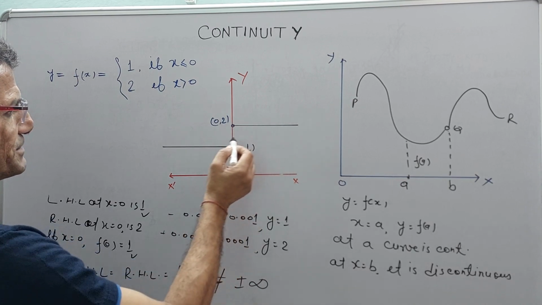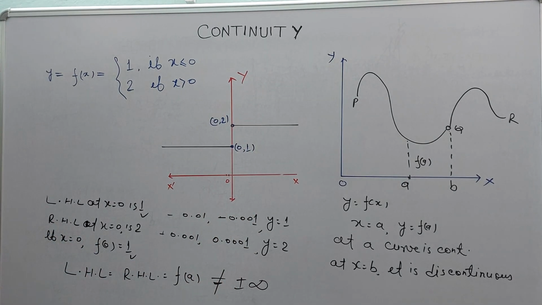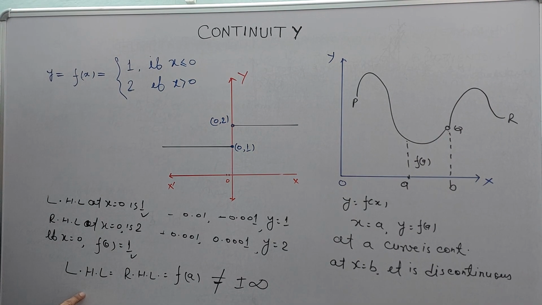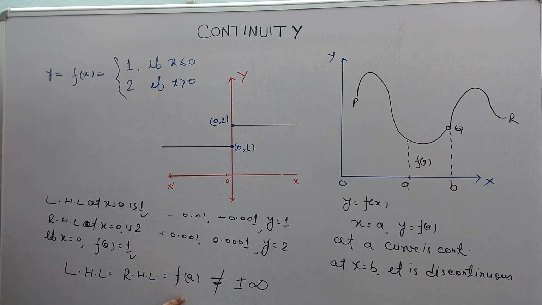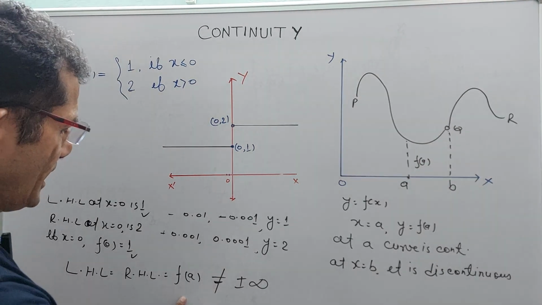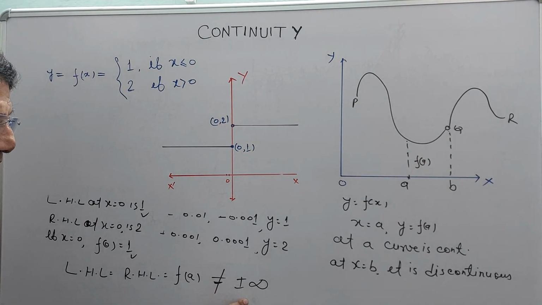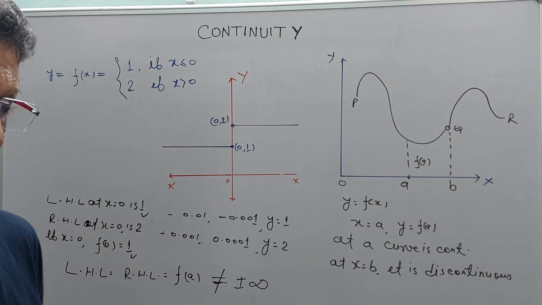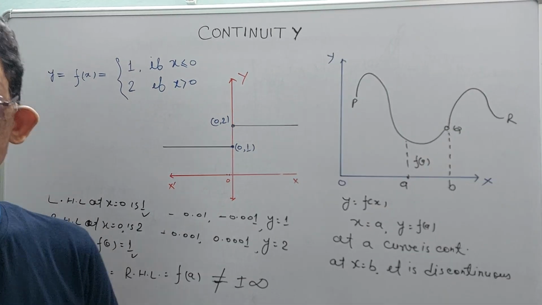The mathematical formula is: left hand limit equals right hand limit equals functional value, and this value should not be plus or minus infinite, because infinite is not a real number.